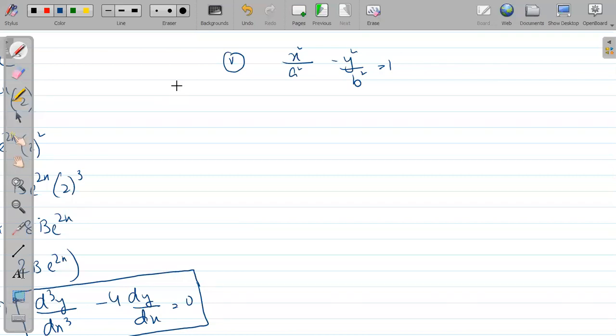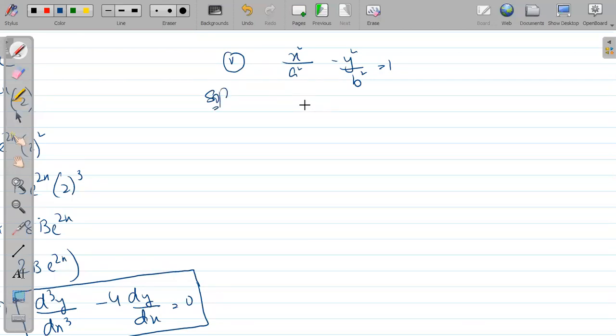So today, some more questions I have to make you do. Otherwise, you won't be able to do all the questions on formation of differential equation. I thought I would be able to complete this, but some types of questions are still left. Okay, so let's see.